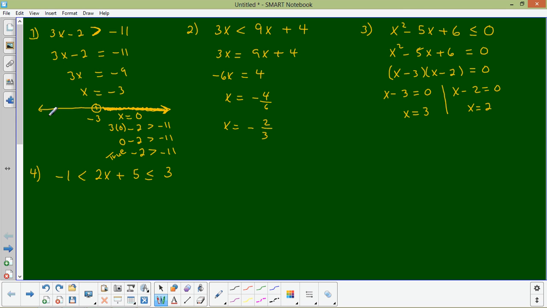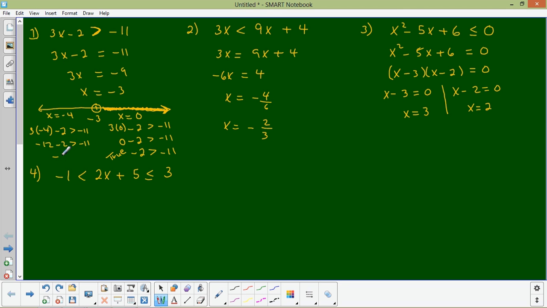Whereas if you test a number less than negative 3, for instance, if we test negative 4, we get, again, substituting into the original inequality that they gave us, 3 times minus 4 minus 2. Is it greater than negative 11? Well, that's negative 12 minus 2. Is that greater than negative 11?